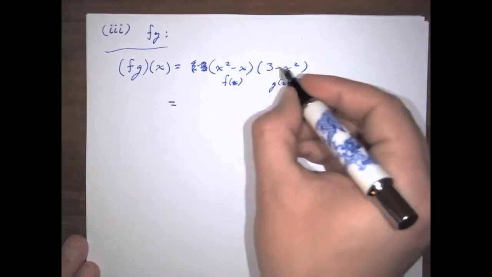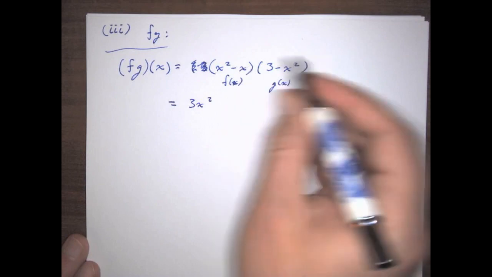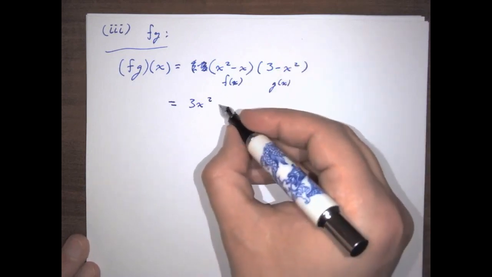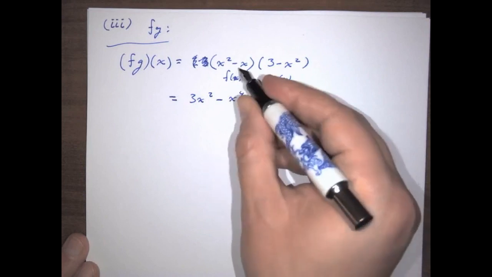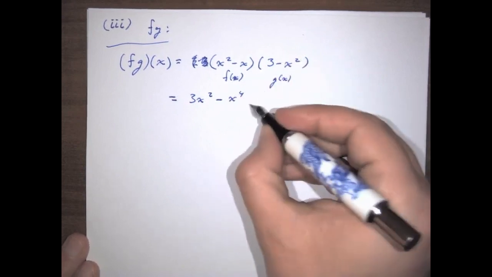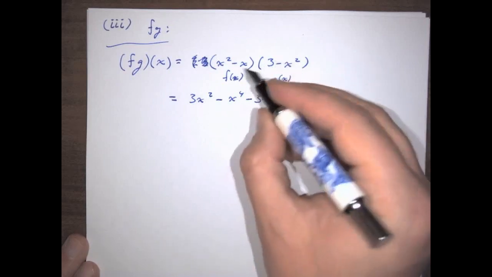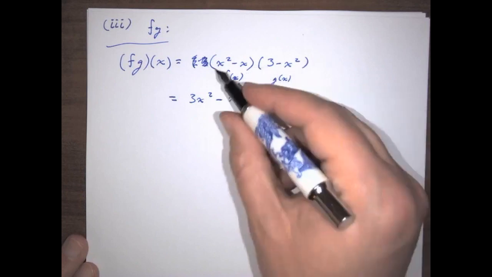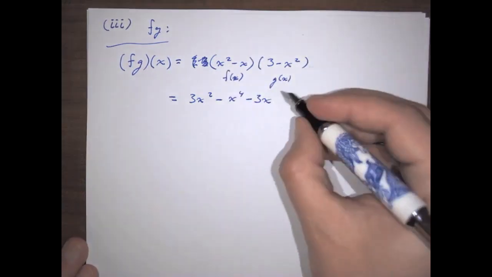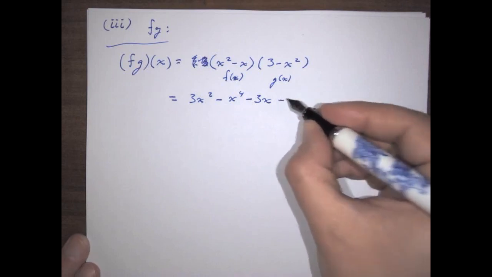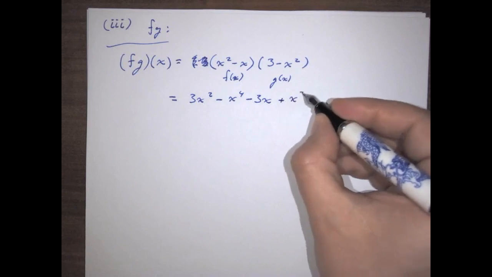Okay, then you just have to FOIL it all out. So first with first, it's going to be 3x squared. First with second is going to be minus x squared times x squared, which is going to be x to the fourth. Middle ones are going to be minus 3x, and then, sorry, second with first is going to be plus x to the third.